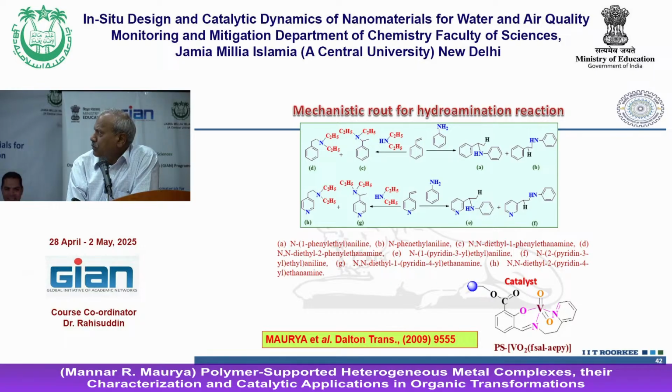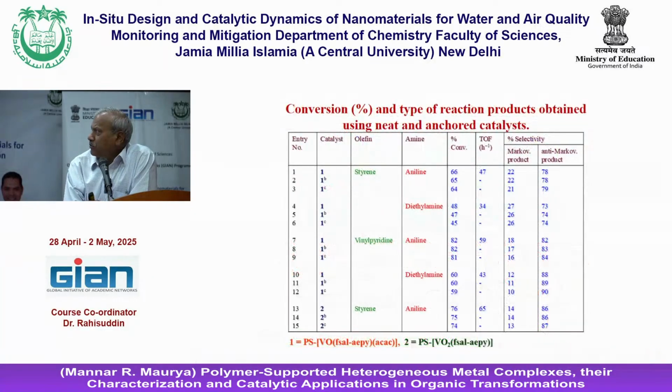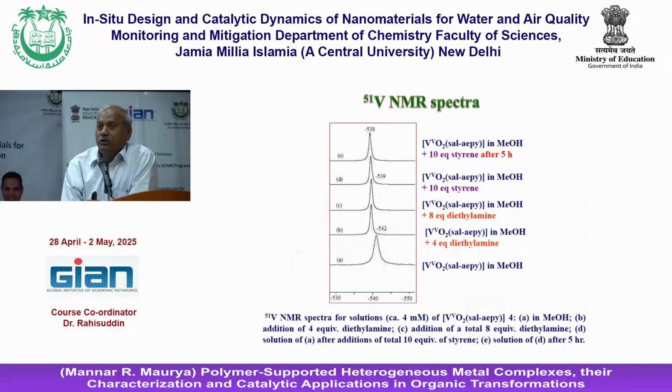Okay, so all data are presented here. With 51V NMR spectroscopy, by using the homogeneous analog, we are able to predict the mechanism. In the beginning we have a pure homogeneous catalyst, and when you add diethylamine you see changes, because diethylamine is interacting with the metal center.